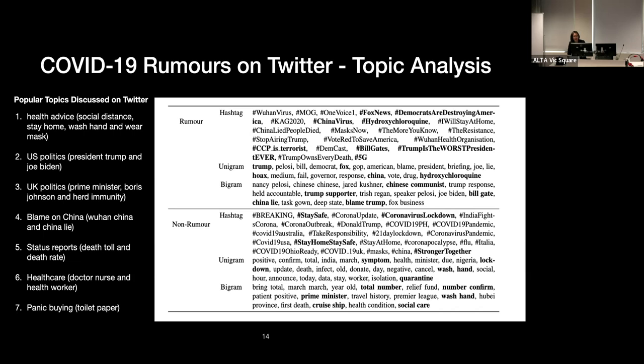From the topic analysis perspective, we identify 7 popular topics that were discussed on Twitter during COVID-19. The classified rumors picked up popular hashtags like Bill Gates and 5G, while the popular non-rumor hashtags were like stay safe and stay home, about the lockdowns.